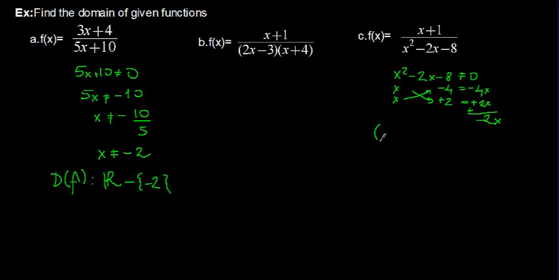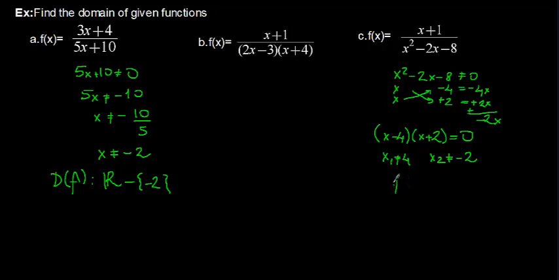And x minus 4 times x plus 2 is going to be equal to 0. And x1 is equal to 4, x2 is equal to minus 2. It must not be equal to 4, and it must not be equal to minus 2. So 4 and minus 2 make the denominator 0.